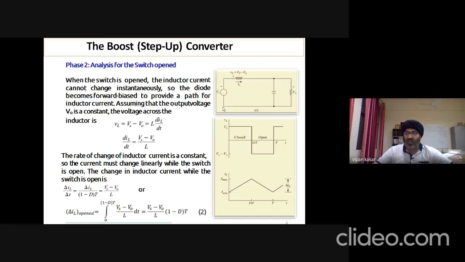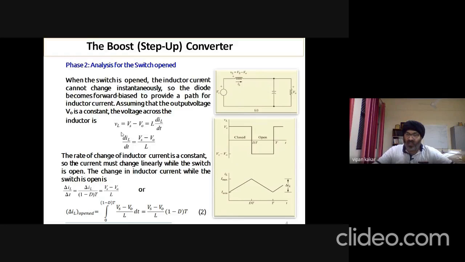So the voltage across the inductor can then be found by using the difference between input and output, using Kirchhoff's voltage law. So using Kirchhoff's voltage law, we can find that this inductor voltage VL is equal to the supply voltage or input voltage Vs minus Vo, which is the output voltage, which is equal to L dIL by dt, as we saw in phase 1.